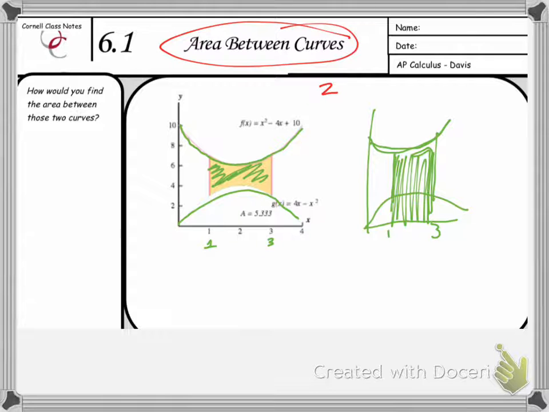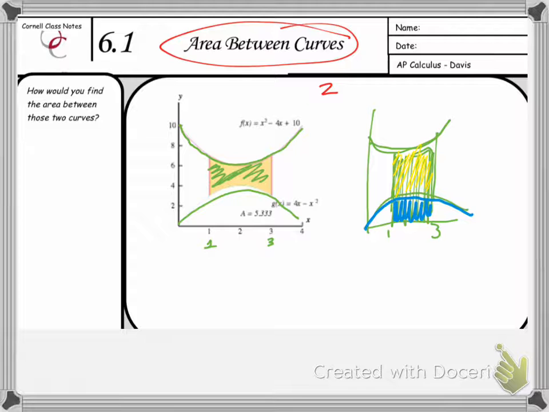And that would be this big block. And then if you took away the area from here to here under this curve, you would end up with the area between the two, right here.